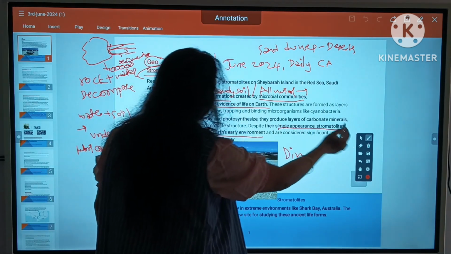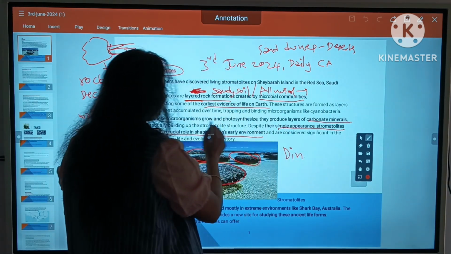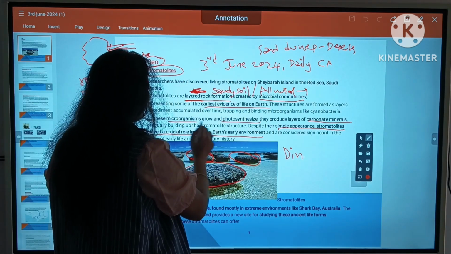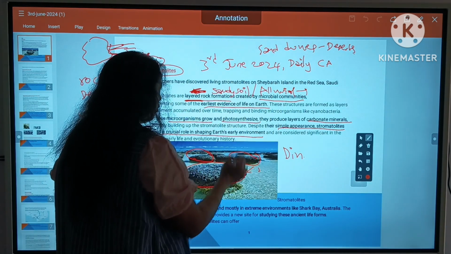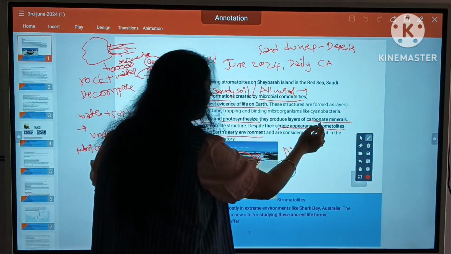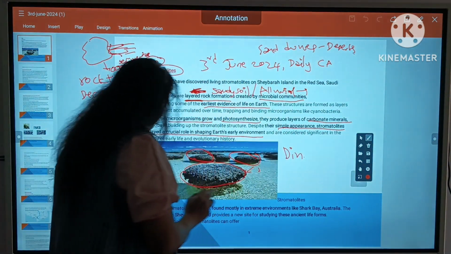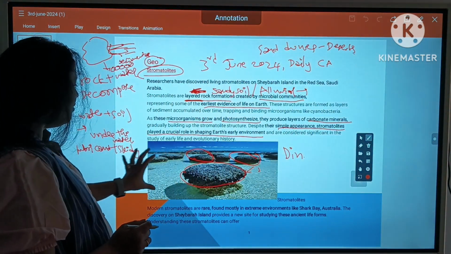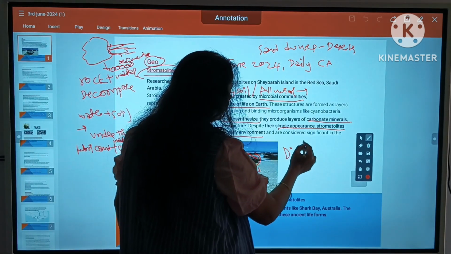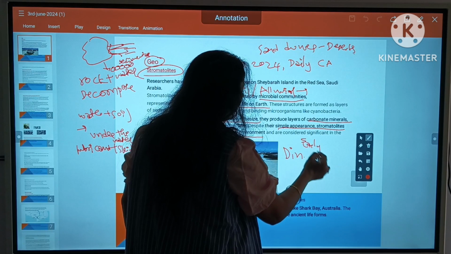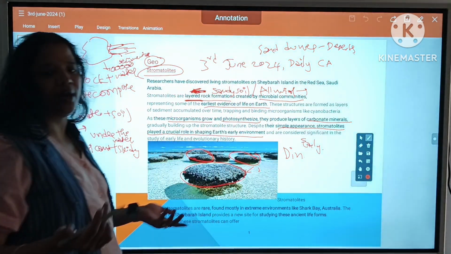Their appearance is of carbonate material, and photosynthesizing microorganisms grow on it. Small microorganisms grow on these rocks and they form carbonate materials. So when we do research on this subject, we can know early life, how the earth was in early days.